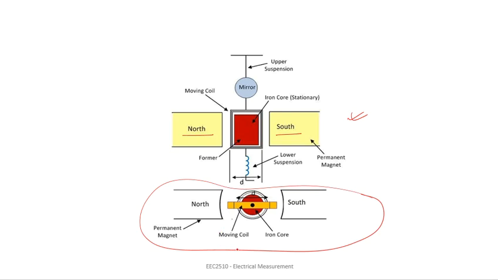So the coil deflection is a measure of the magnitude of the current carried by the coil. There is also a mirror attached to it. The mirror attached to this coil deflects a beam of light, causing a magnified light spot to move on a scale which is at some distance from the instrument.